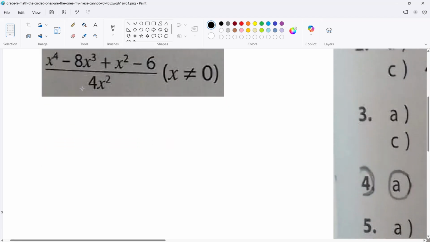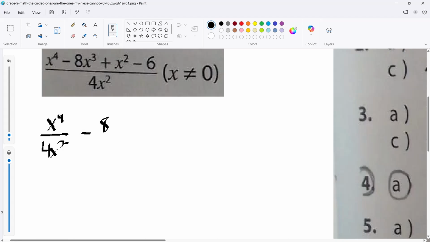So I'm going to rewrite this as x to the 4th over 4x squared minus 8x cubed over 4x squared plus x squared over 4x squared minus 6 over 4x squared.